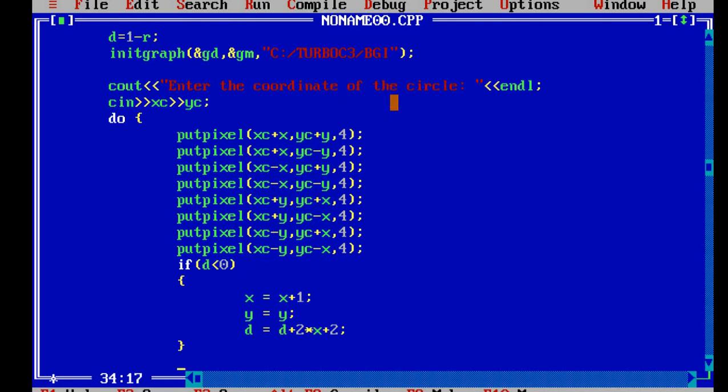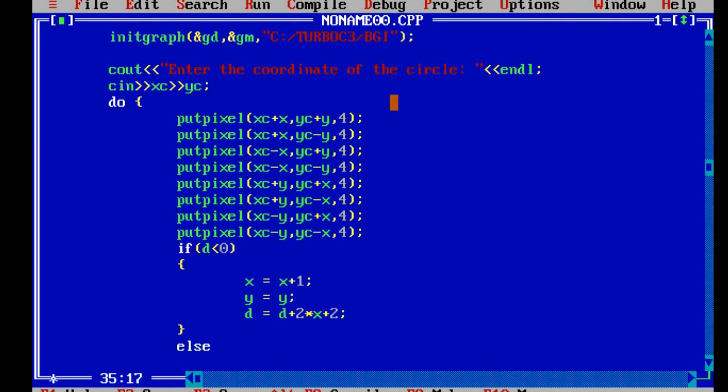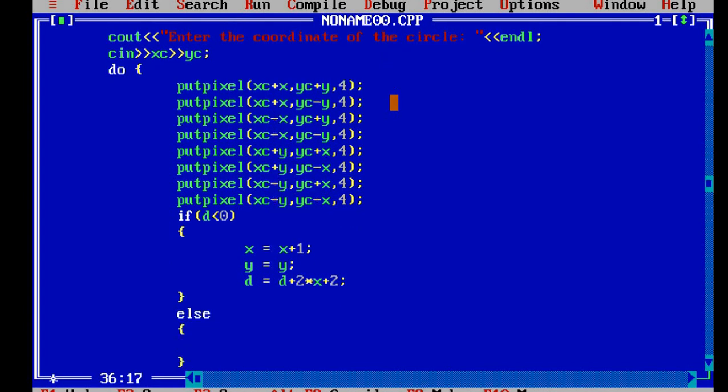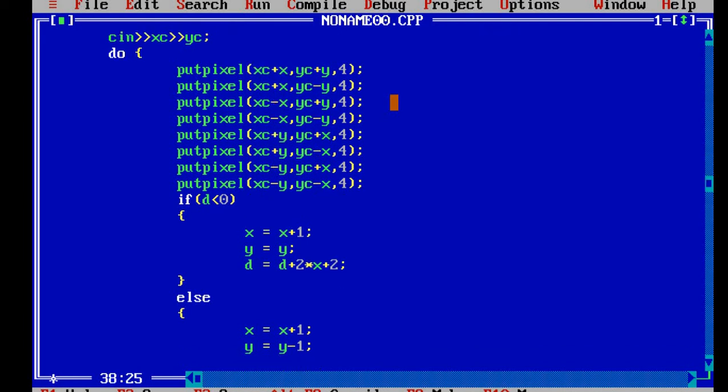Otherwise, if d is not less than 0, then the else part: x is equal to x plus 1, y is equal to y minus 1, d is equal to d plus 2 into x minus y plus 1.